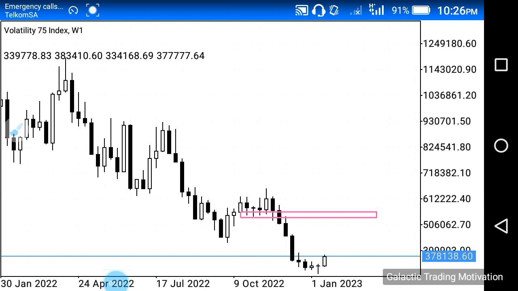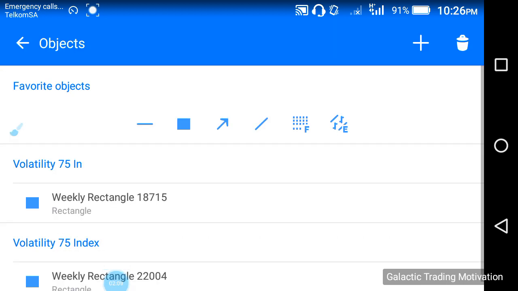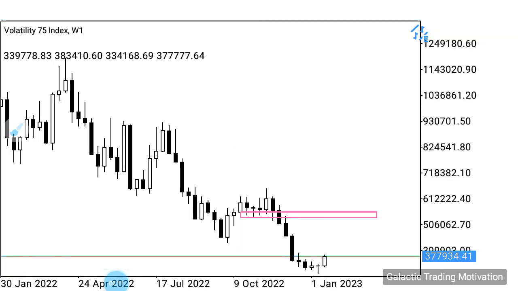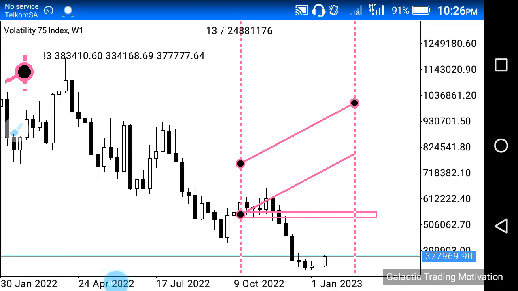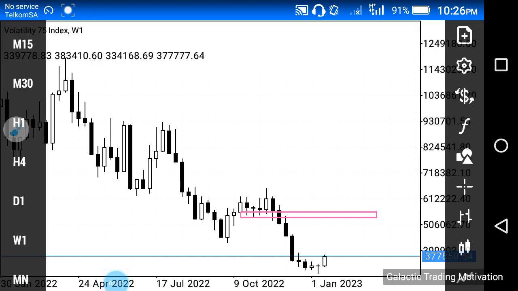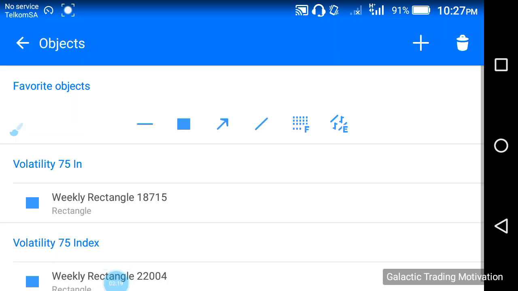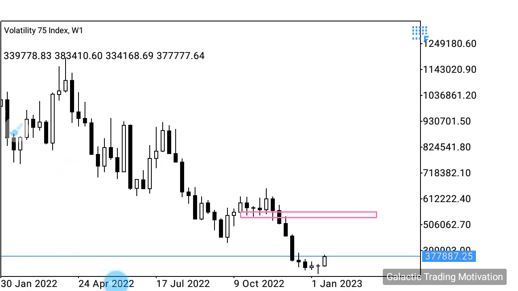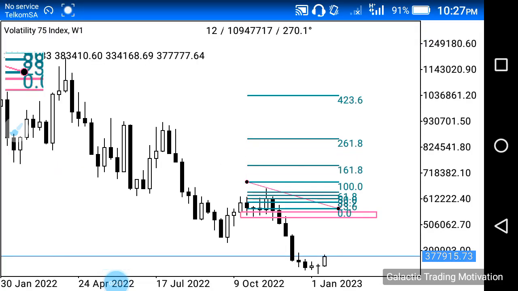The next thing that I'm going to do is to utilize the Fibonacci retracement tool just to see if that neckline aligns with any key numbers that we have on the tool. Just bear with me, guys. Let's have a look. Fibonacci, I would add it in this manner more or less.